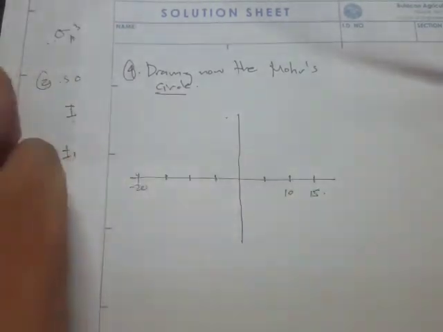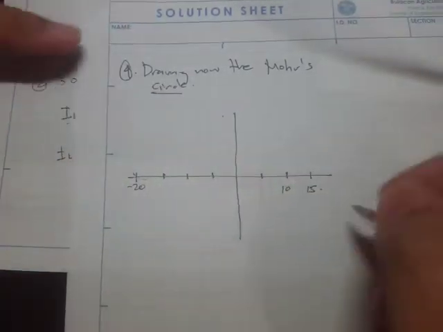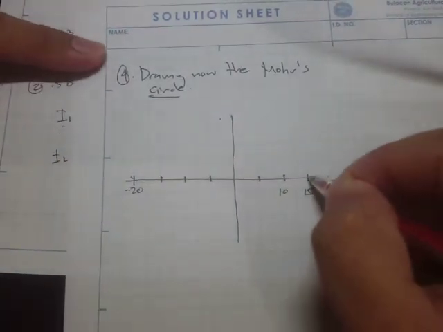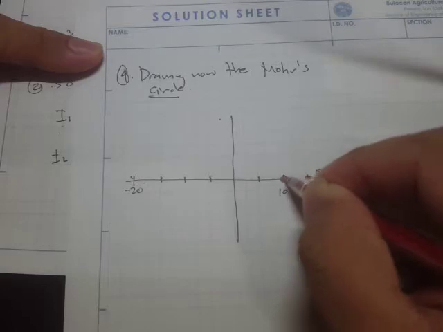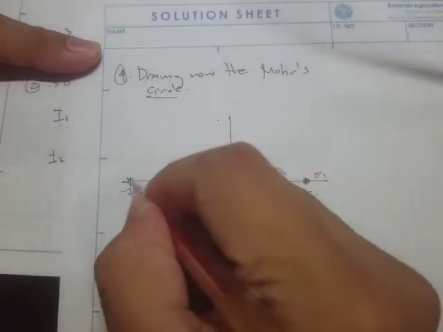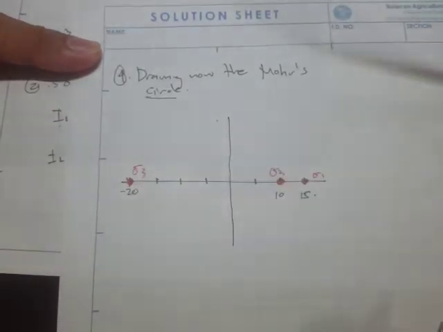If we draw the circle right here, this is one point. This is our sigma 1, and this is our sigma 2, and here is our sigma 3.